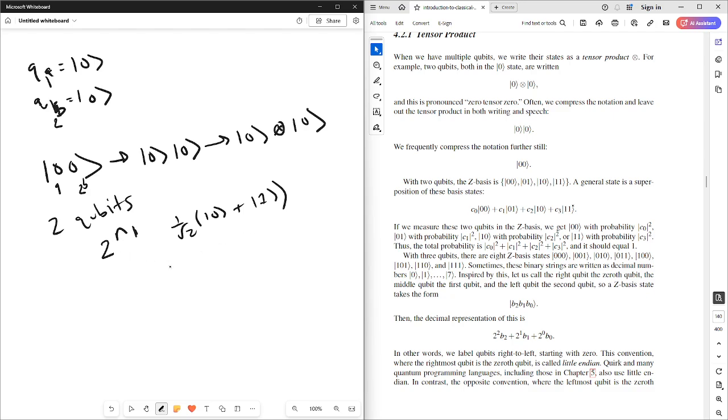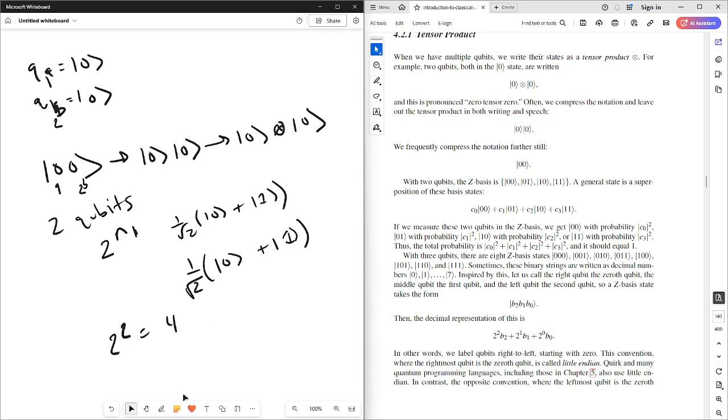Now with 2 qubits that have had Hadamard gates applied to them, each has a 1/2 chance of being in 0 or 1. And so now we have 4 different combinations.